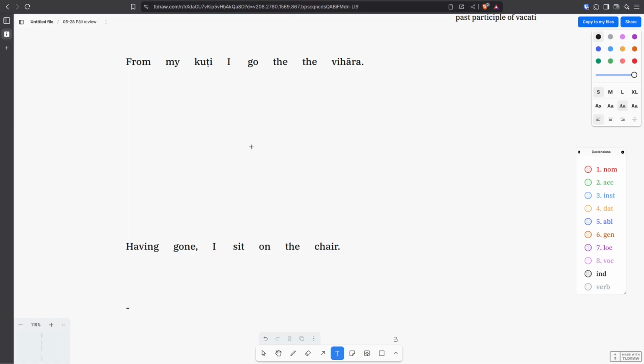Okay, so from my kuti... let's first collect the words. So instead of just constructing the sentence, let's just try to find the vocabulary that we need. So go will be gaccha, gacchati, gaccha something.